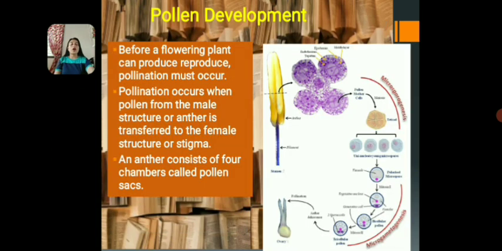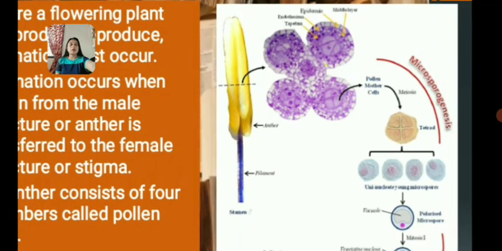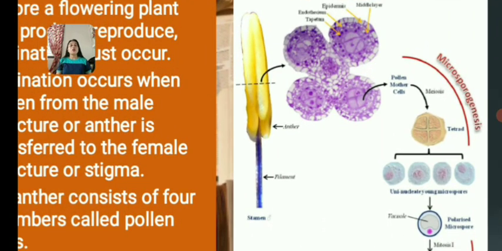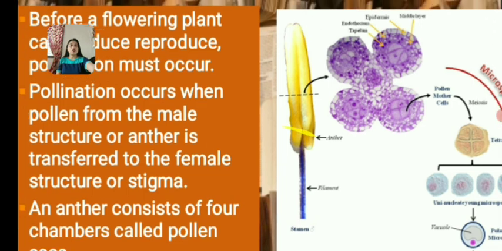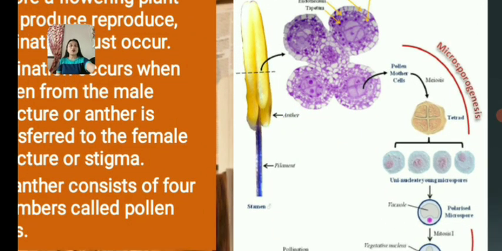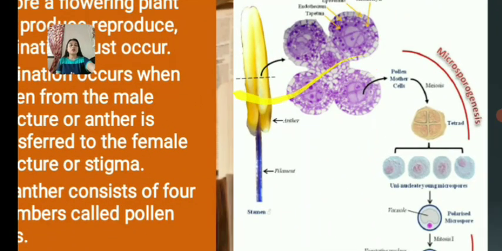Next we have the pollen development. On the male side, pollen development starts in the stamen, and then we see the anther, where we can see the diploid cells. Remember, when we look at flowering plants, we see the sporophyte generation, or the diploid generation.